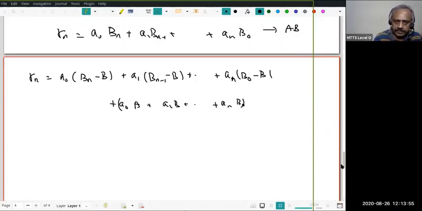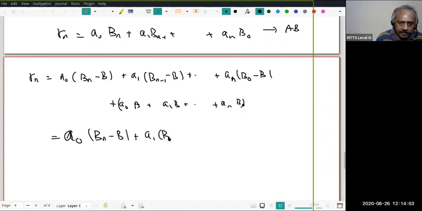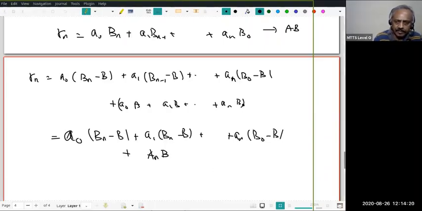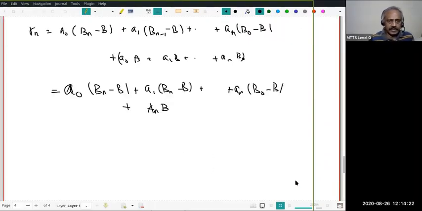These are the terms. But this I can think of as A naught into Bn minus B plus A1 into Bn minus 1 minus B plus up to An into B naught minus B plus, let us look at that, the last extra terms are A naught plus A1 plus up to An times B, but that is nothing other than An times B. Okay, do you understand this?